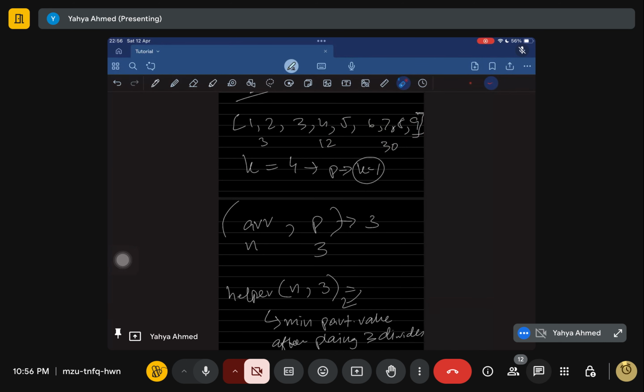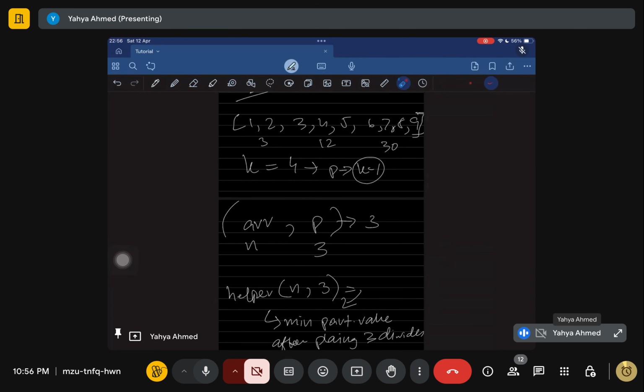If I am placing the third divider here, it means I optimally divided the previous elements into 2 divisions and used this range for the last divider. Right? So my optimal answer for n comma 3 would look something like this.